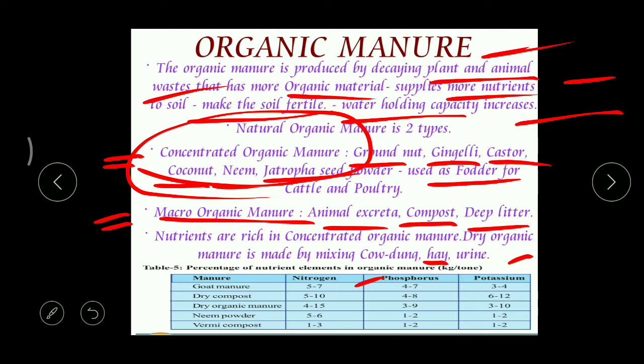In the same way, we can also find other manures, like dry compost, dry organic manure, neem powder, and vermicompost. Vermicompost means the manure which can be prepared with earthworms. In your textbook there is one annexure. In the annexure also we can find this, right? Okay, so it's about this organic manure, right? Clear?